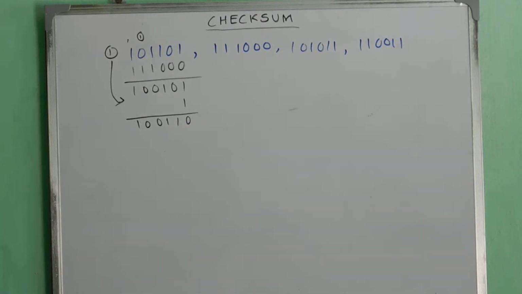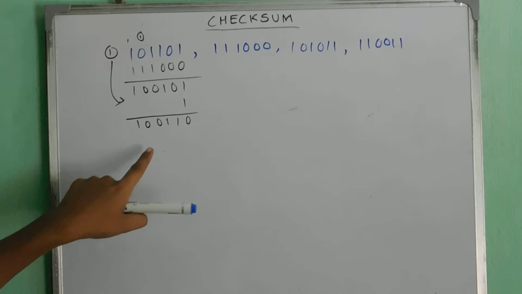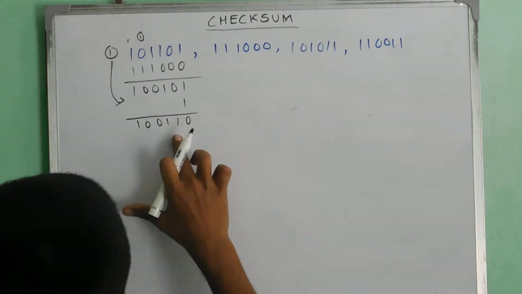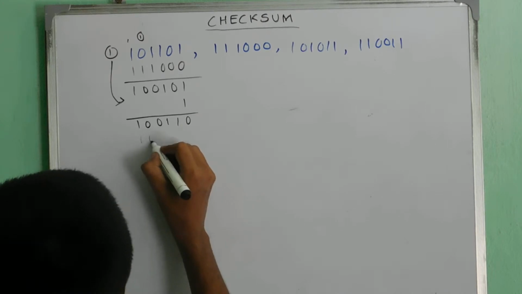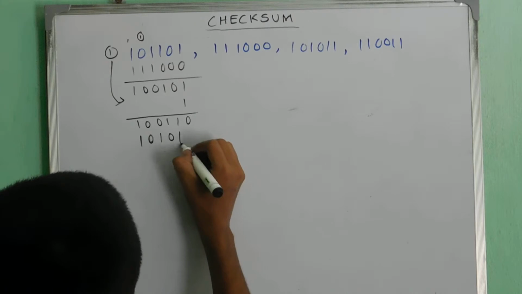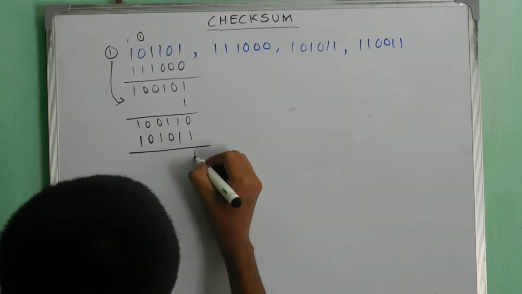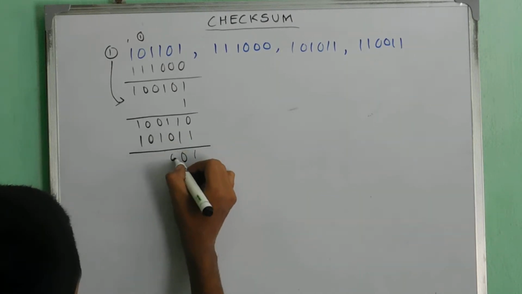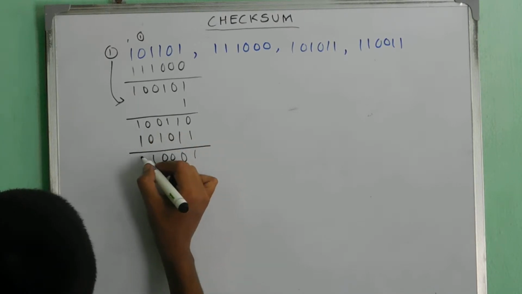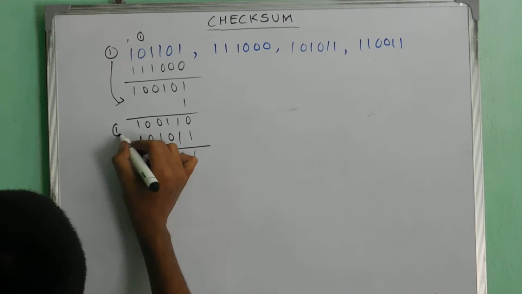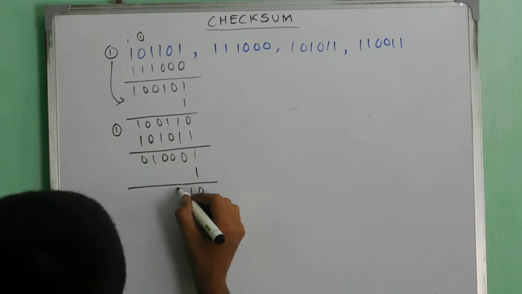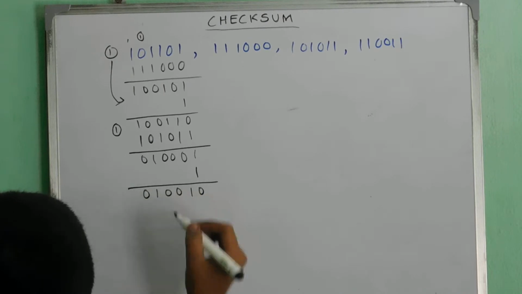Okay, now with this we will add this one, sorry, this one we will add, so it will be 1 0 1 0 1 1. Okay, so 1, this will be 0, this will be 0, this will be 0, this will be 1, this will be 0 and there will be carry 1, so 1, this will be 0, this will be 1, 0 0 1 0.